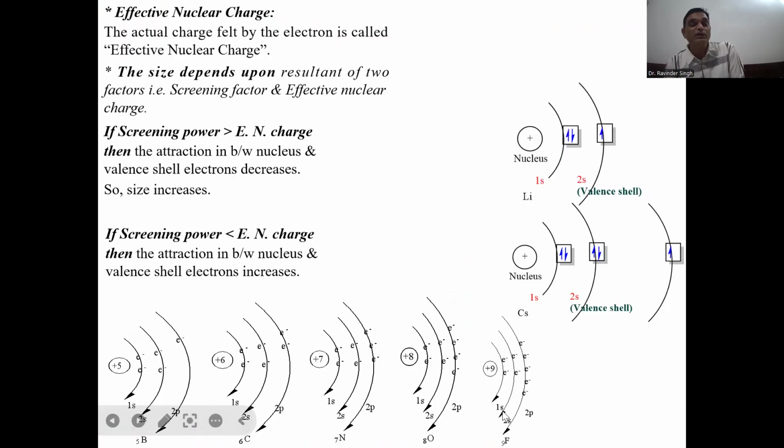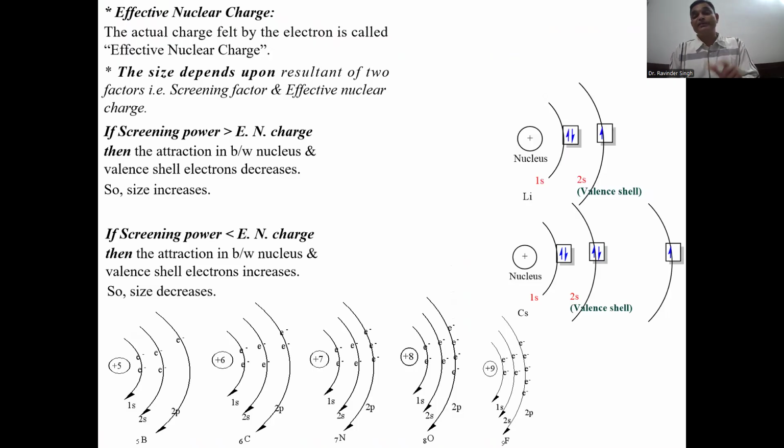The effective nuclear charge therefore dominates over the screening effect, and thus the attraction between the nucleus and valence electron increases, and because of that the size decreases. In that way we can explain the increase or decrease of size. It depends upon the resultant of these two factors, the screening effect and the effective nuclear charge.